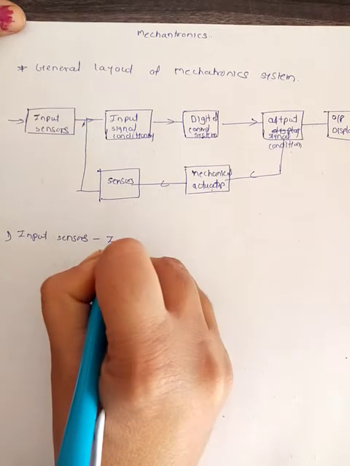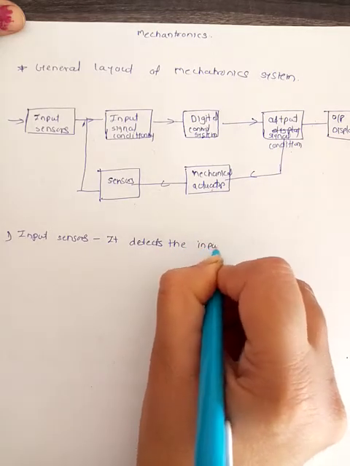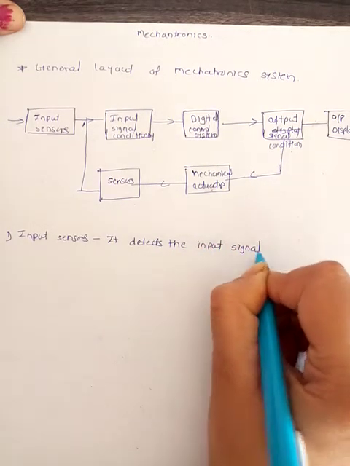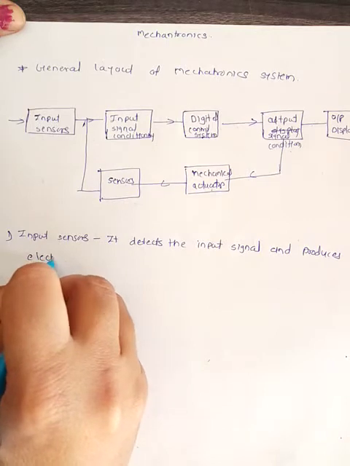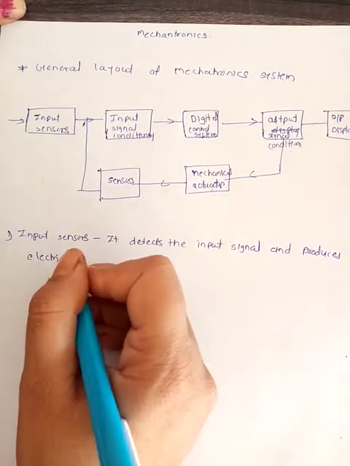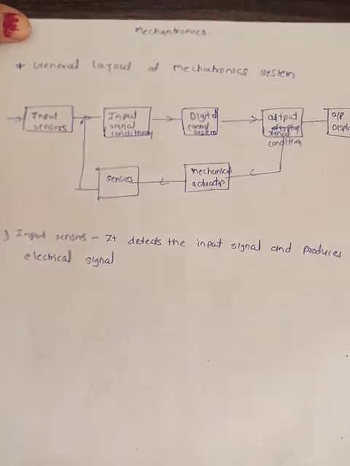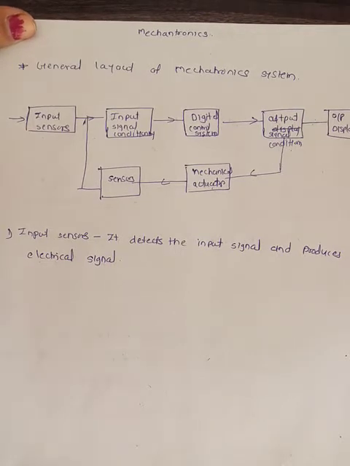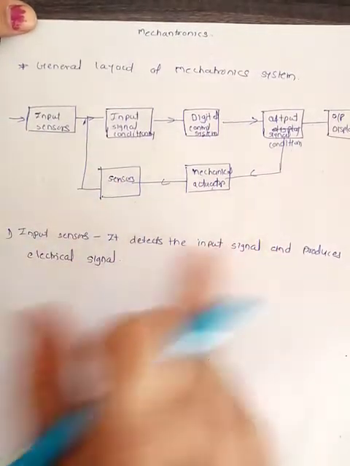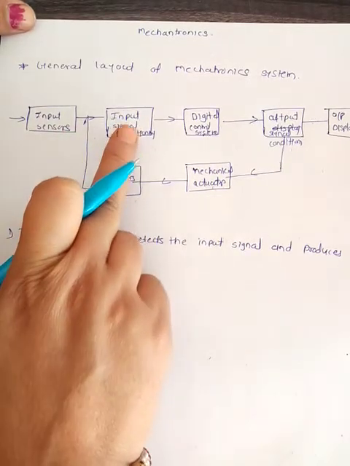It detects the input signal and produces an electrical signal. This electrical signal is passed to the input signal conditioning.